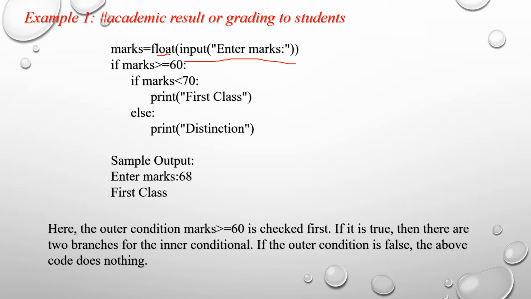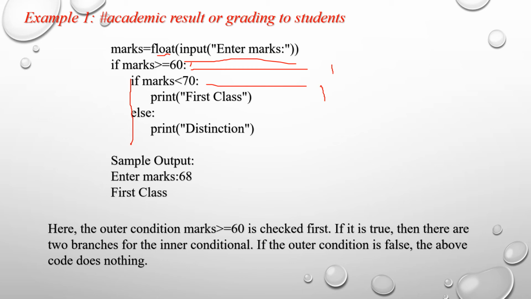Here we declare if marks greater than or equal to 60, and again we declare one more condition, if marks less than 70, print first class, else it prints distinction. So in this program we declare two conditions. This is the first condition and this is the second condition.